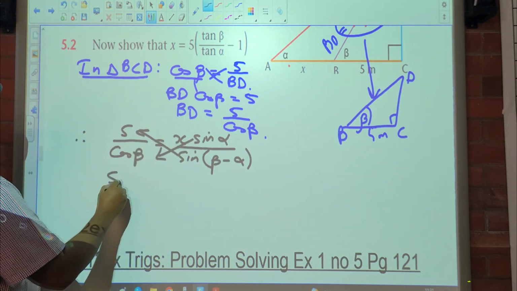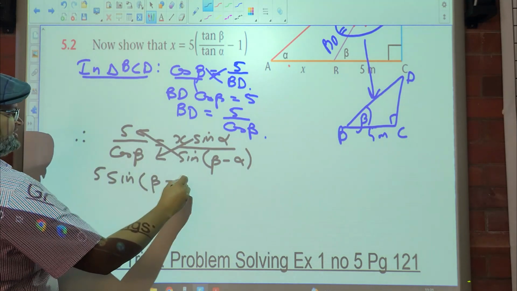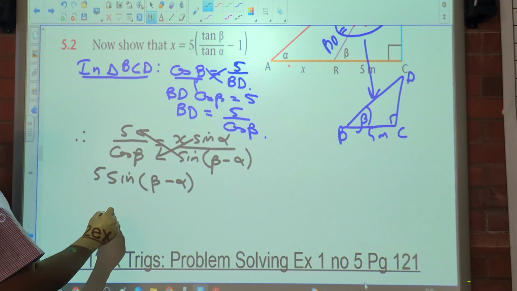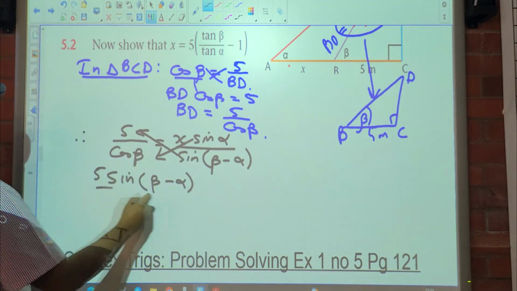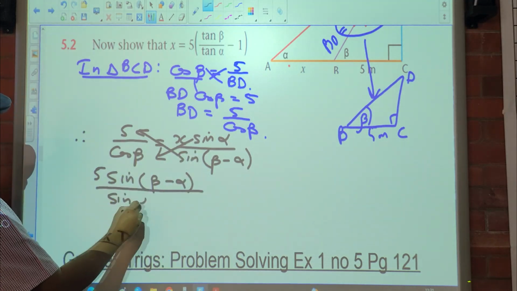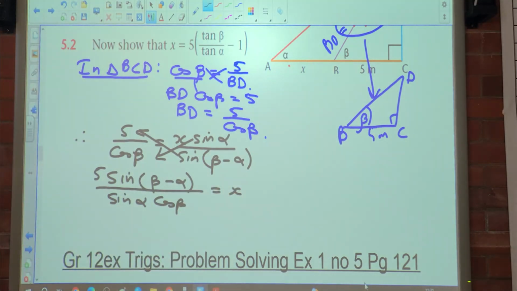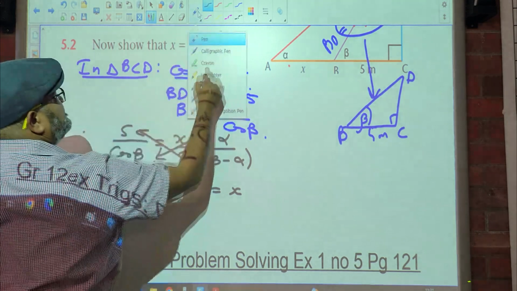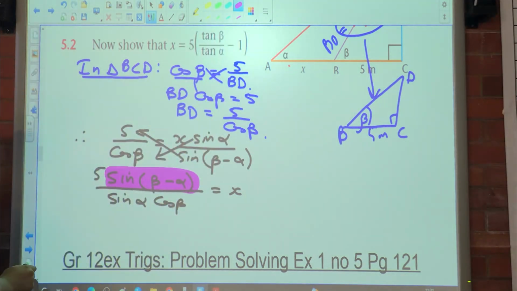So it's going to become 5 sine beta minus alpha over sine alpha cos beta is equal to x. Have we answered the question? Still not. But we now note that, hang on, that is the issue there. Well, that I can change at least.